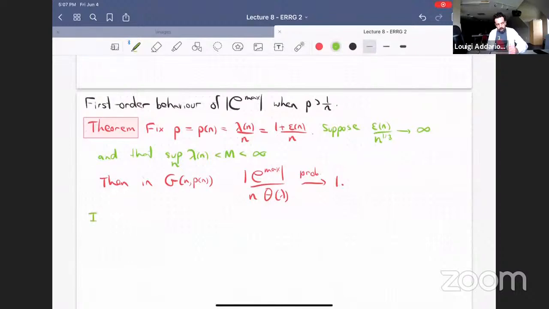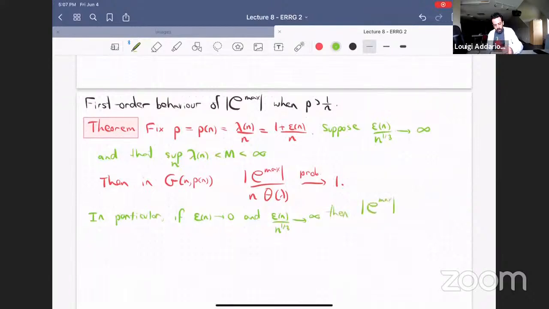Okay, and so in the case where p is just barely bigger than 1 over n, so this epsilon tends to 0, which isn't required for the problem, but in that case, it says that if epsilon tends to 0, and n to the minus a third epsilon tends to infinity, then the size of Cmax.